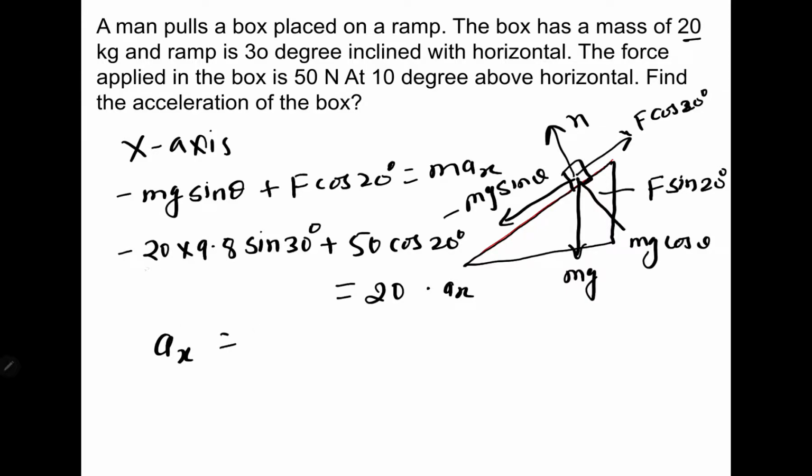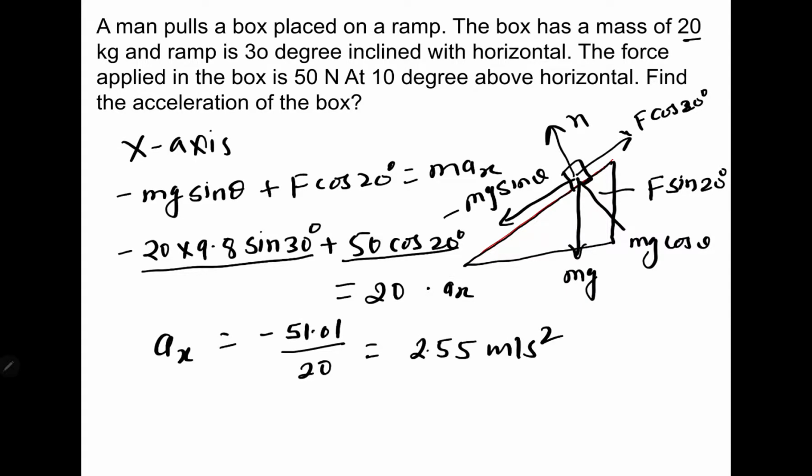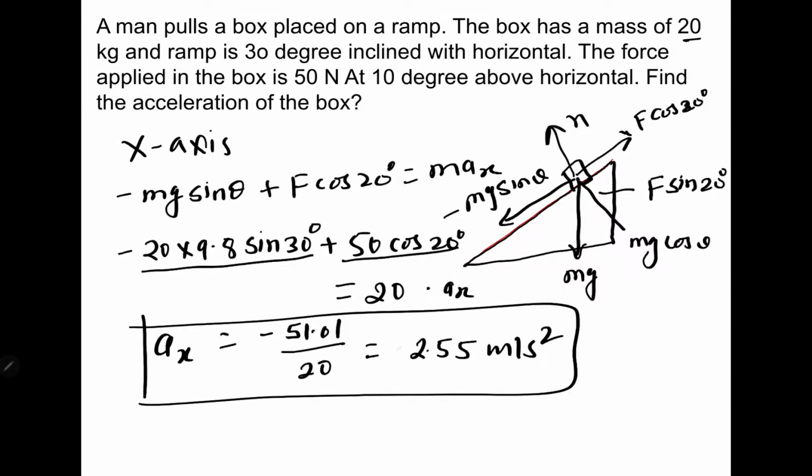So from there you can calculate ax. If you put all these things into a calculator, you will get something like ax is equal to negative 51.01 divided by 20, right? This gives you 2.55 meter per second square. Okay, so this is the acceleration, and this is negative.